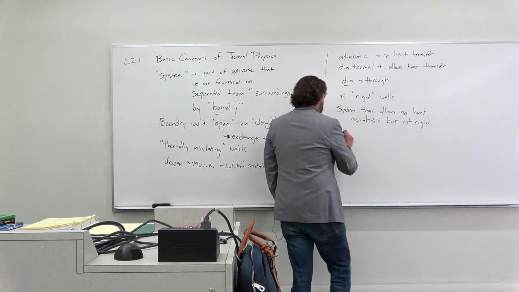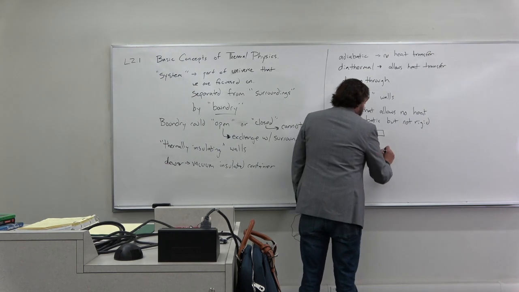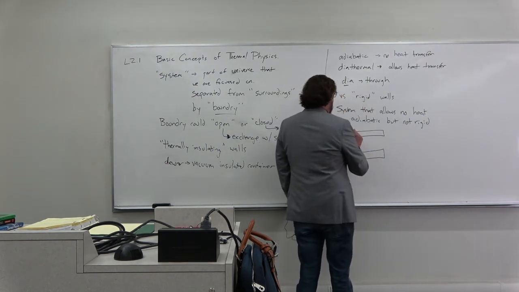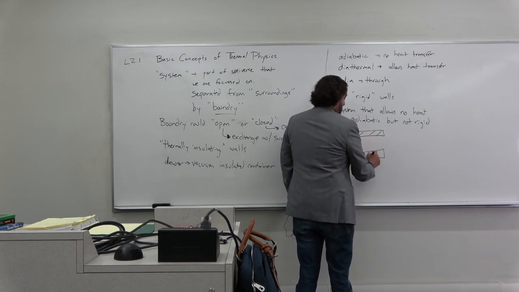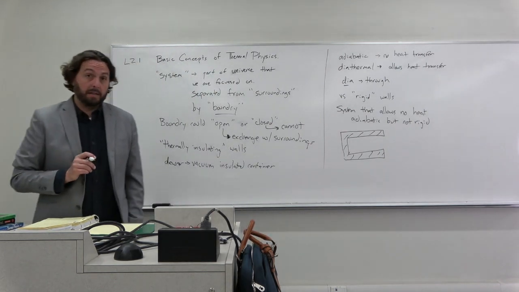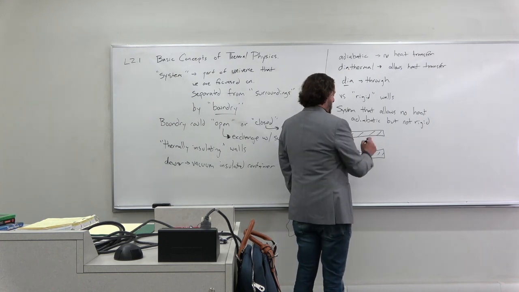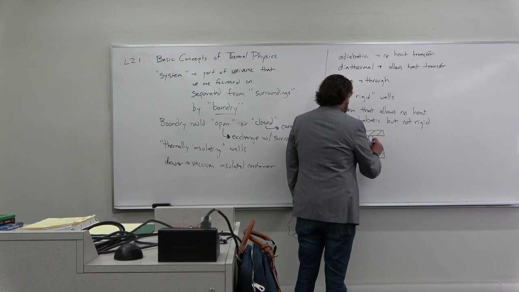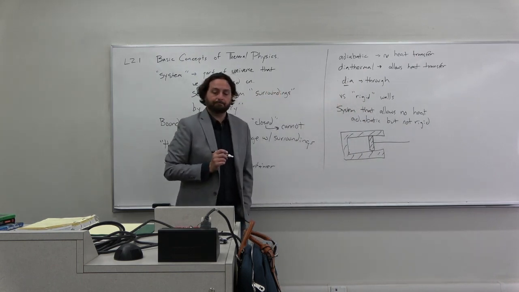So one way you could do that, for example, is imagine making a piston, right? So imagine these being adiabatic walls that don't allow any heat to pass through. So for example, like a styrofoam or a glass dewar. And you could actually imagine having another adiabatic wall here, but that is a piston which is movable.